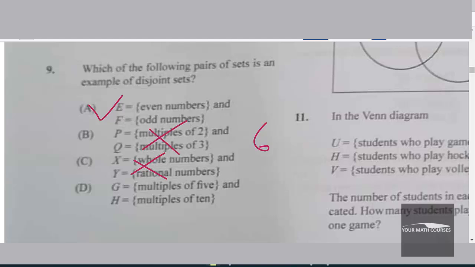Then multiples of 5 and multiples of 10. Multiples of 10 can be found in multiples of 5, so this one is out. So the correct option is A.